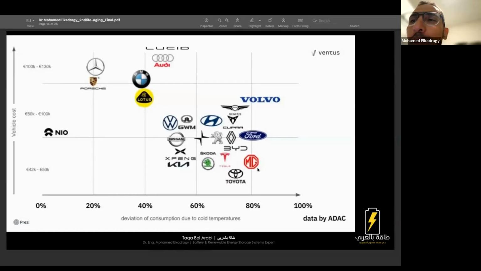There is a full report on their website, showing the deviation of consumption due to cold temperature. As you see here, some vehicles were not highly affected, like on the left side of the graph, and some were highly affected, like on the right side.